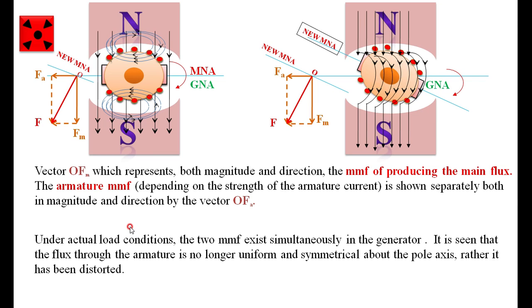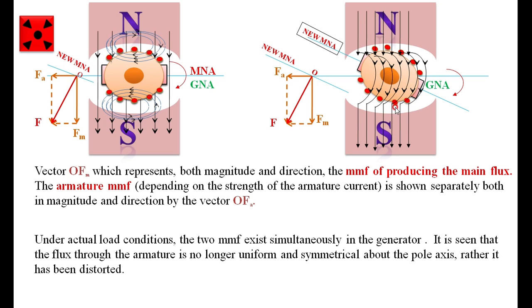Now we can see that because of this flux, it is no longer perpendicular to the geometrical neutral axis. The main flux is changing its direction because of the armature flux.